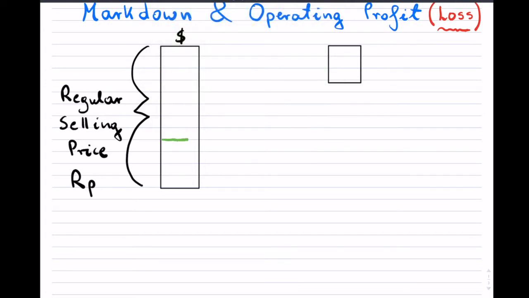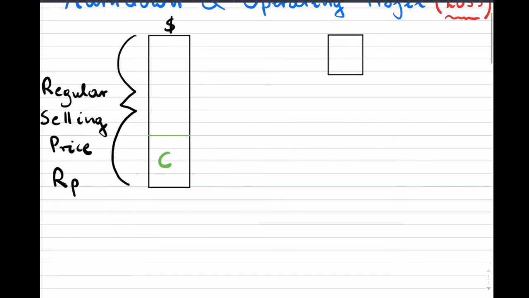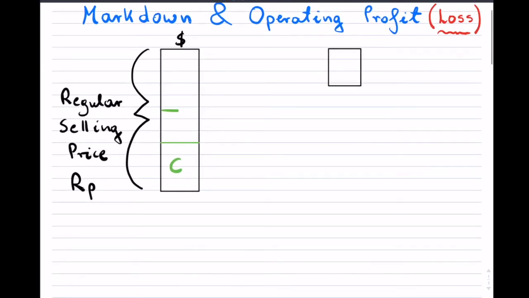So you had some costs, so you have to actually purchase or make the product. You would have some operating expenses, and then finally you would add a profit on top of that, and that would constitute your regular selling price. So it's made out of these three components.